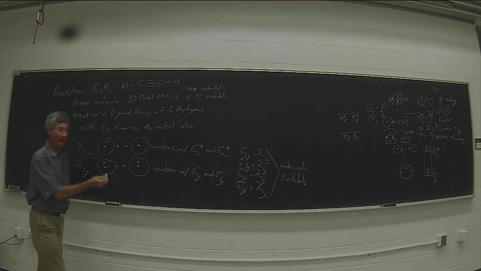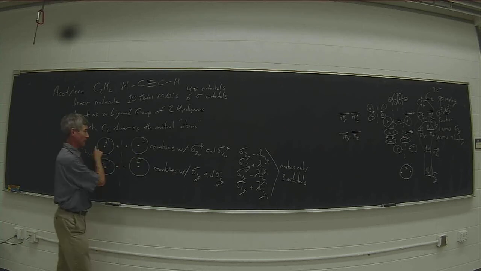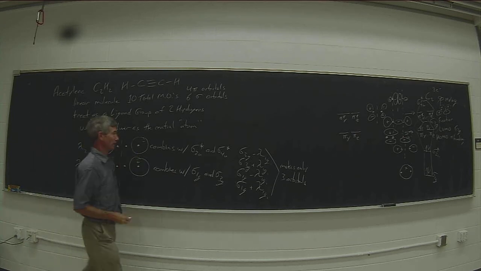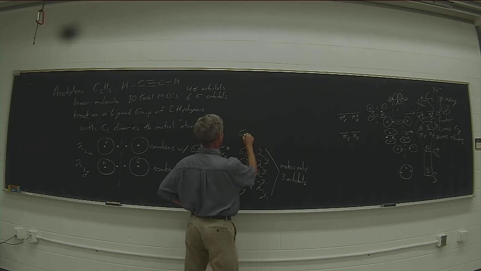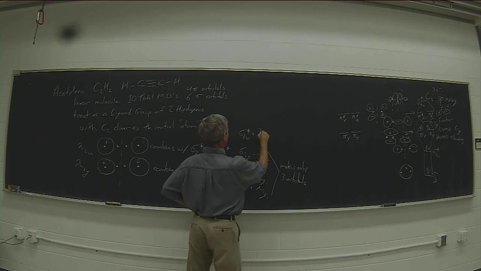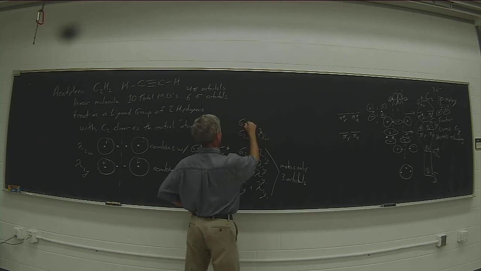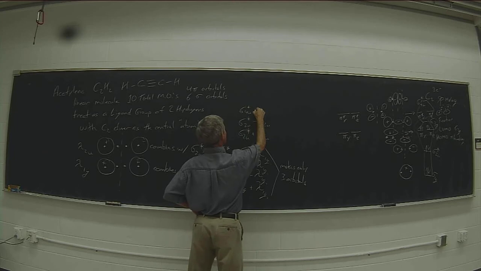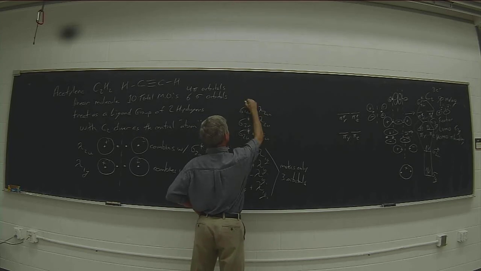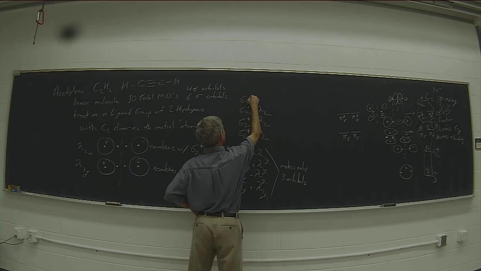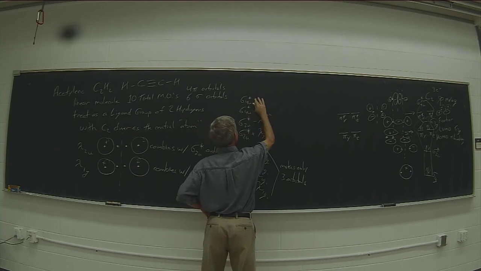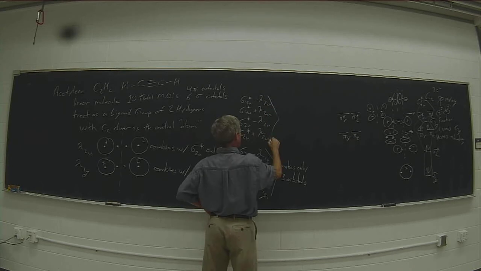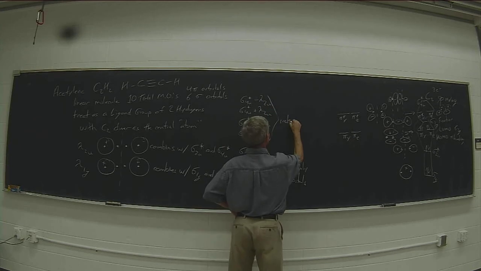And similarly, we have 4 possibilities with the combination of the lambda 2u with the sigma 2u star, both constructive and destructive interference versions. Again, they need to make just 3 orbitals.